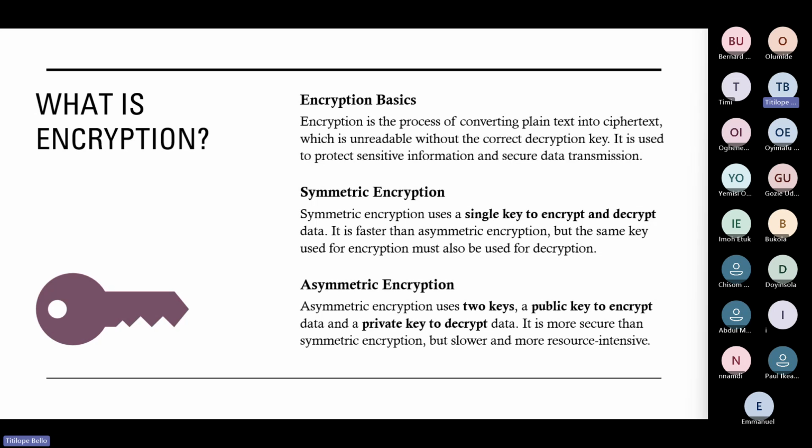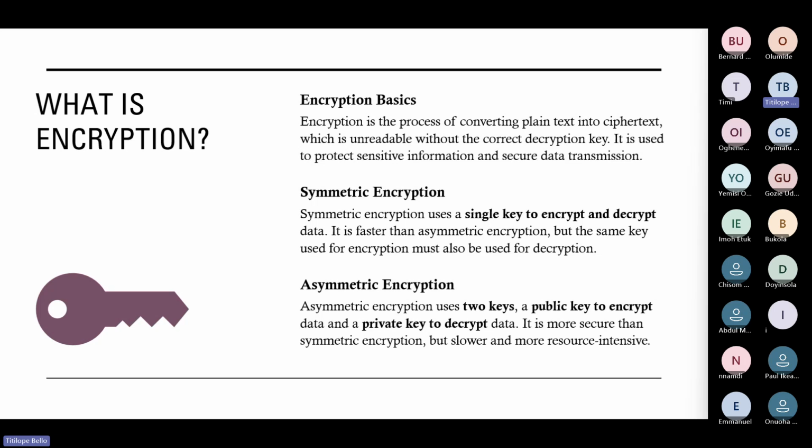Now, the symmetric, like I said earlier, uses one key and is very, very fast compared to when you use a public and private key combination option. And you can use it to protect large data stores.